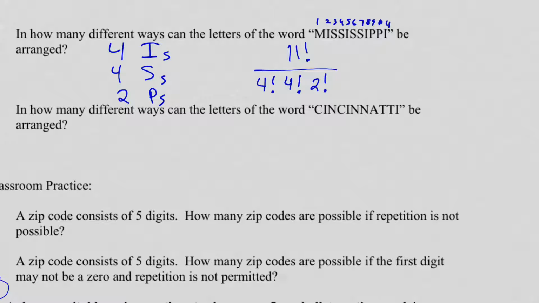Okay? So those are my I's, those are my S's, and those are my P's. Okay? So again, you could type this in your calculator. As long as you put parentheses over the bottom, you could type it all in and just hit enter. If not, you're going to have this big old mess of numbers. You got to start keeping track. So in the end, you get 34,650. Okay?